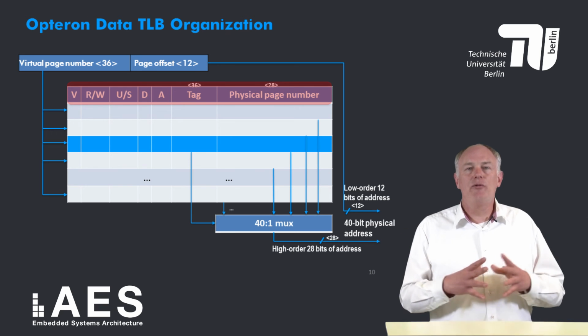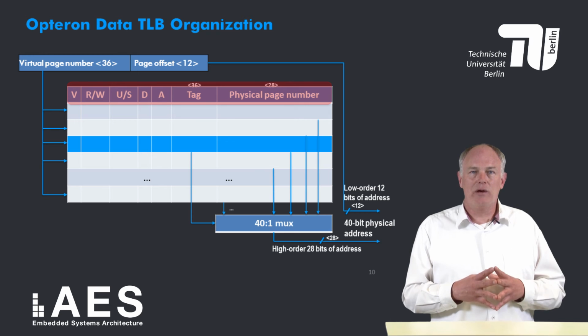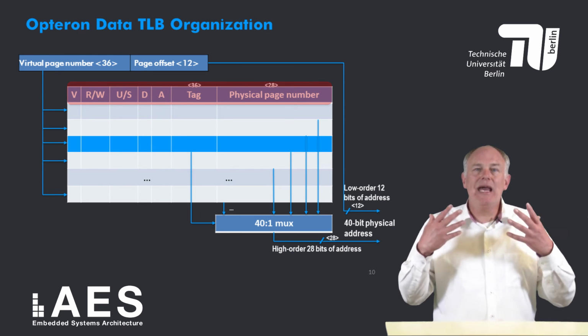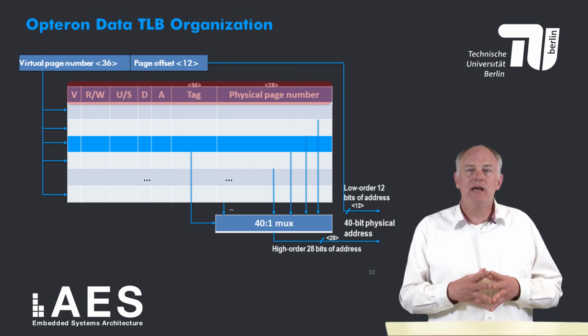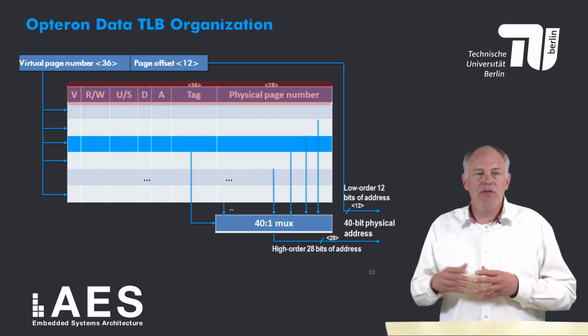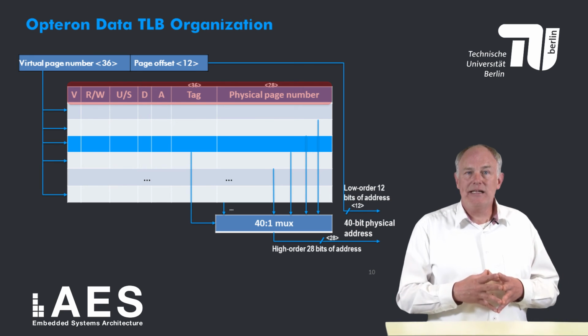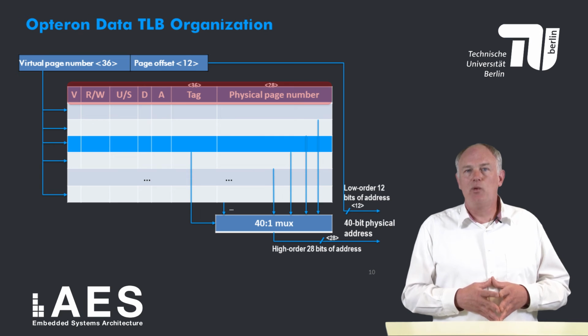Since the TLB is fully associative, no bits from the virtual page number can be ignored. There will be a TLB hit if the tag matches the virtual page number of the accessed page. In this example, it is assumed that the third entry hits as indicated by the vivid blue color.